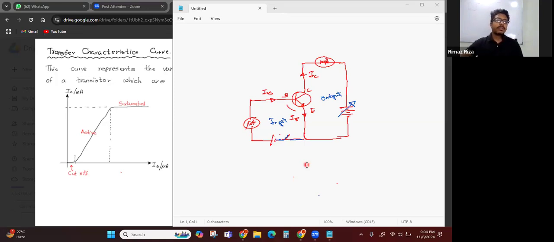So we can use this transistor as a switch. No matter how much voltage you have here, if you bias this, there will be a current. If you make this IB current 0, then there won't be any current here. So it is the switch action of a transistor.